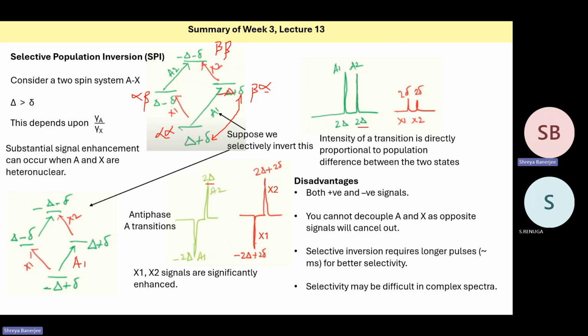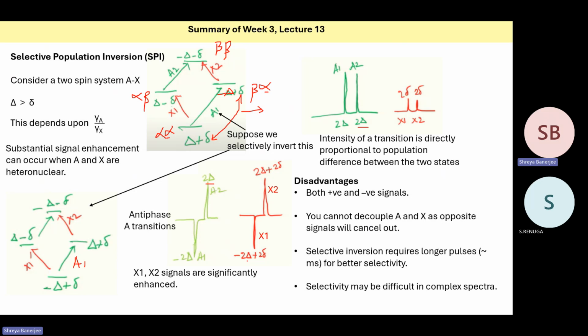And one major thing that happens is that X1 and X2, if you again see the population difference here, earlier the intensity was small, 2 small delta. But now the population difference, due to this inversion that we carried out, in X1 and X2 has greatly increased. So the signal intensity has also increased.